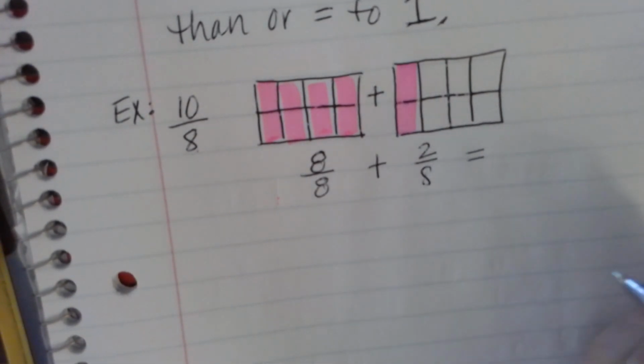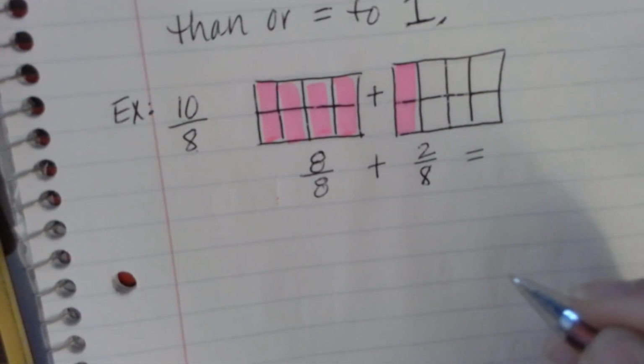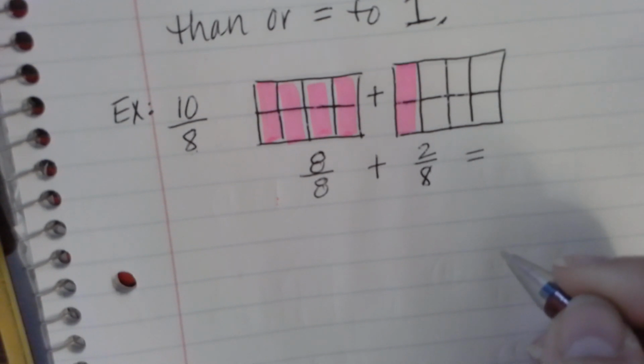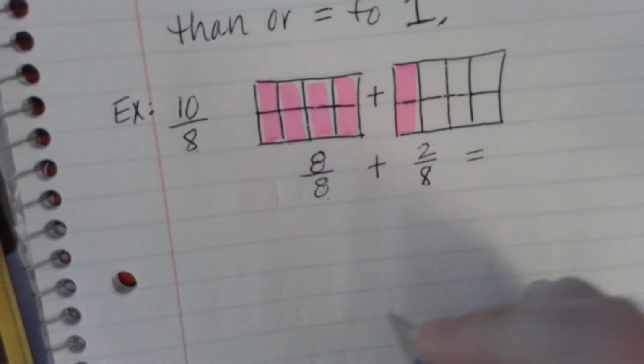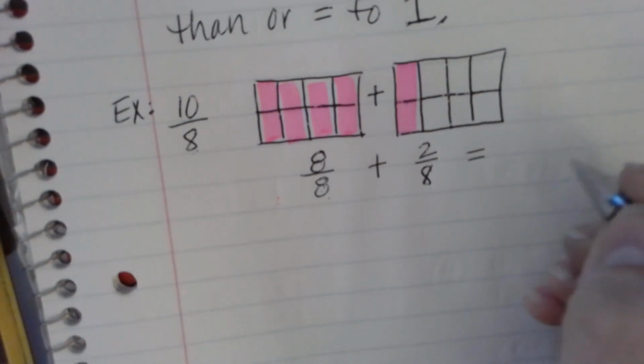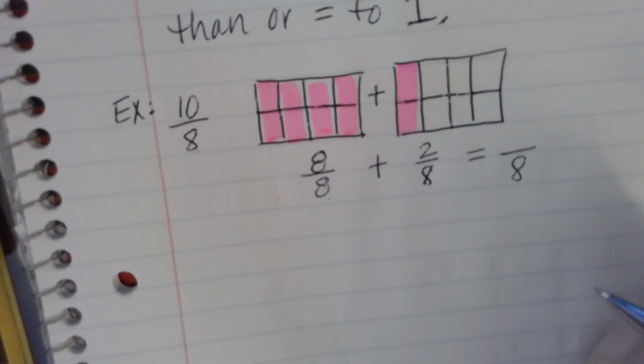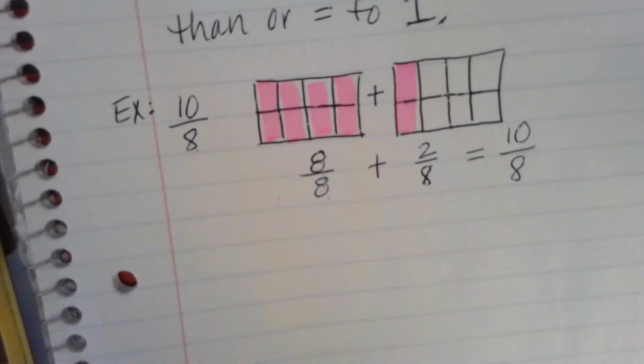And that gives me, now we haven't talked about this yet, but just super fast, if you are adding fractions, they have to have the same denominator on the bottom. Fortunately, we do, so we will keep that denominator, and then all you have to do is add your numerators, which gives me 10 over 8.